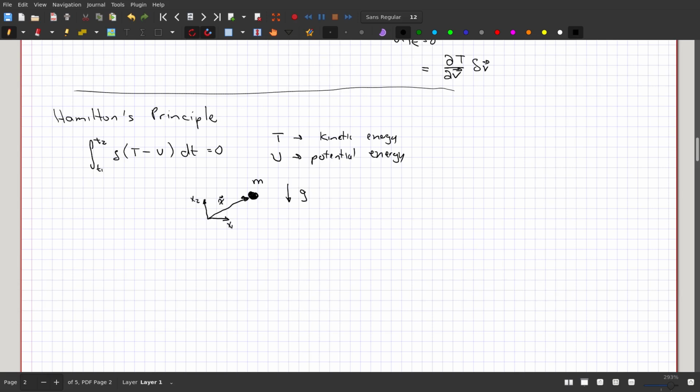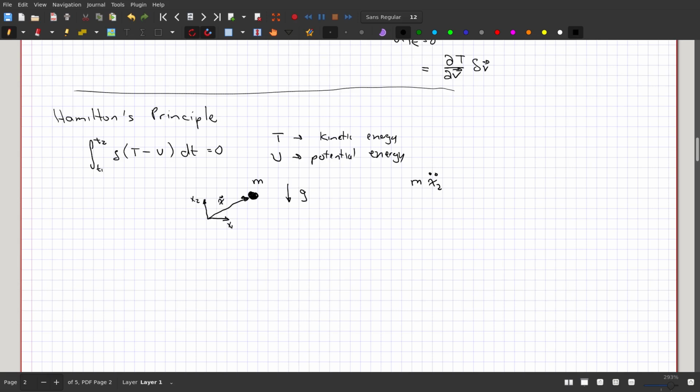Now, if you have a ball that's falling under the force of gravity, does anyone know what the equation of motion for that is? Let's write F equals ma. Well, ma, in this case, is m x2 double dot, because it's going to fall straight down. There's no forces acting on it in the x1 direction at all, so it's going to fall straight down.